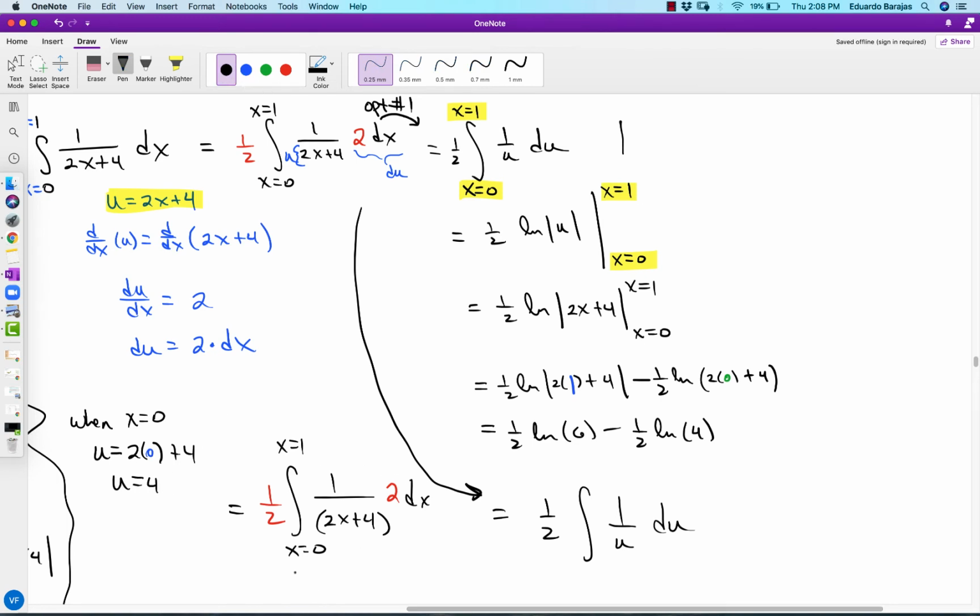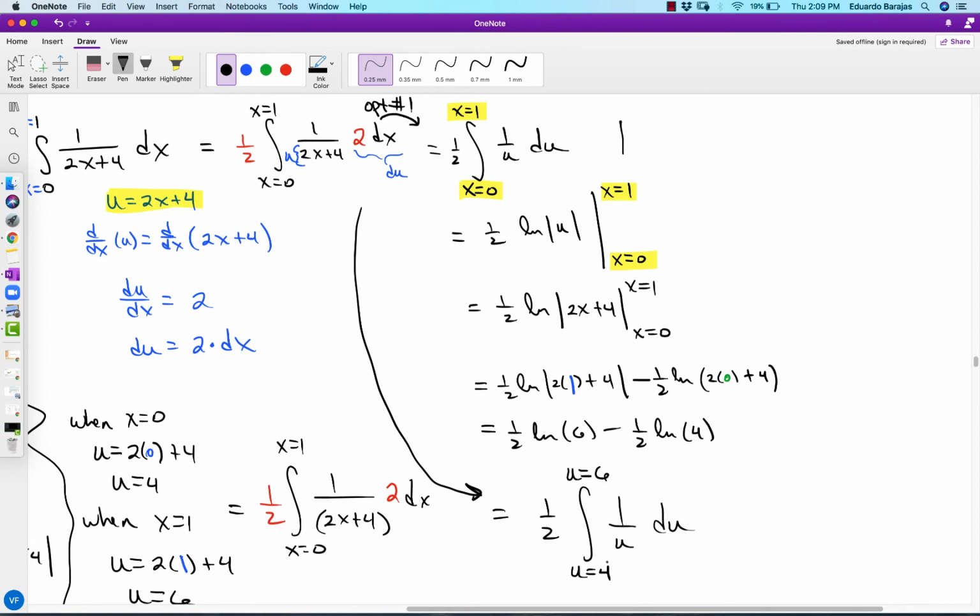So instead of x goes to 0, it changes into u equals 4. Good. And also, when x equals 1, u equals 2 times blank plus 4, and that blank is going to be a 1, so u equals 6.